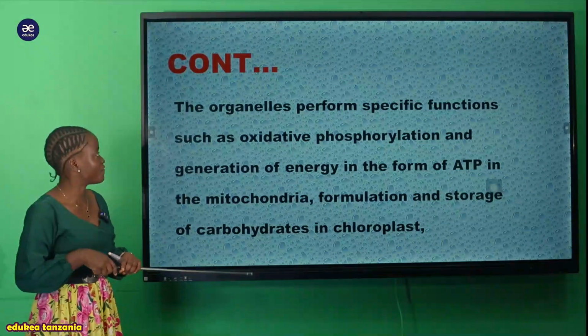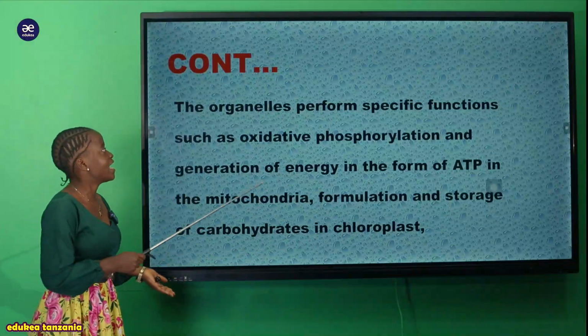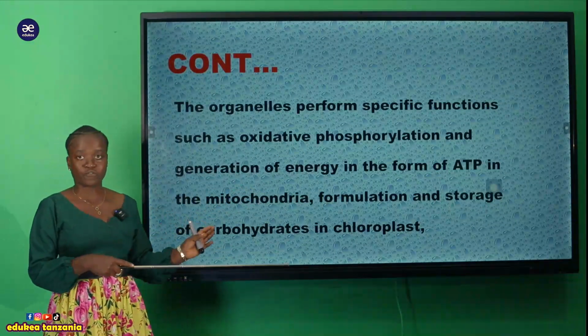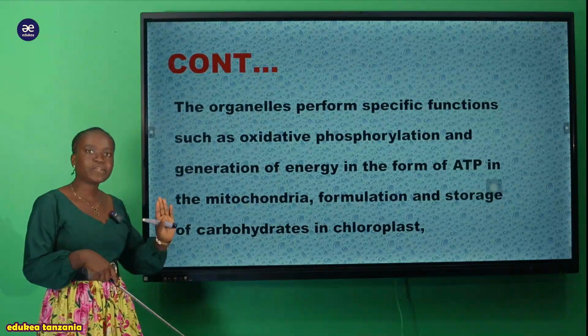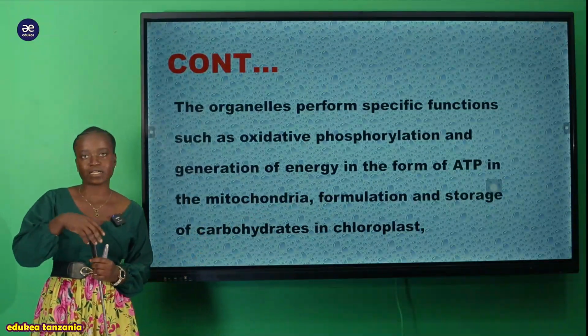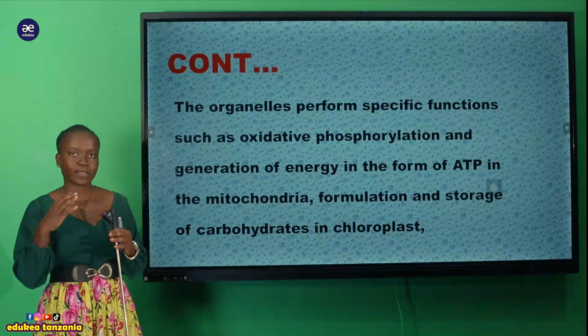Ukianza na mitochondria, tumesema yenyewe ina deal na oxidative phosphorylation and generation of energy. Hiyo ndiyo kazi kubwa ya hii mitochondria, kutengeneza ile energy ambayo inapatikana within the cell.